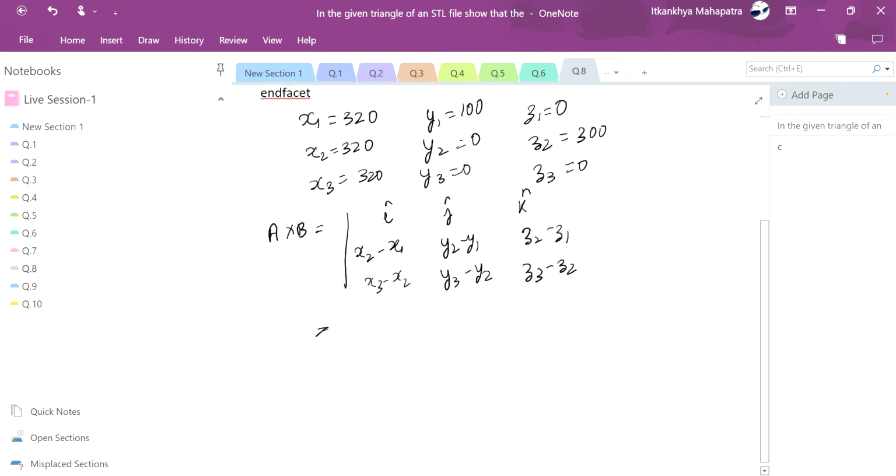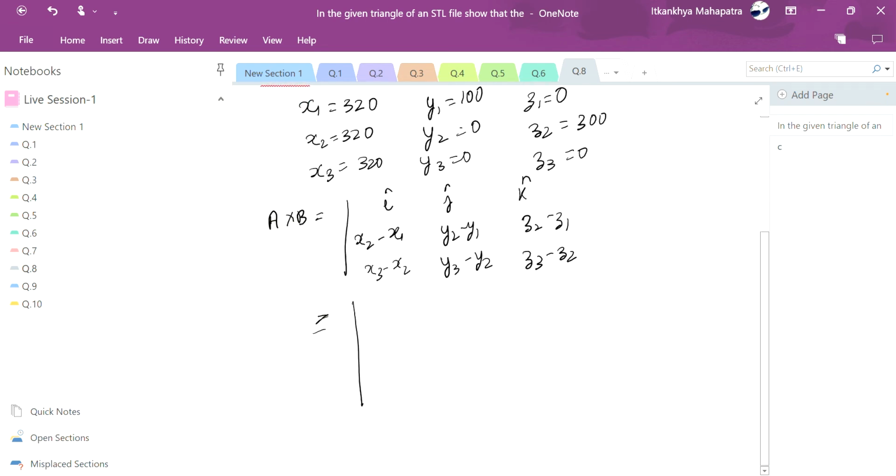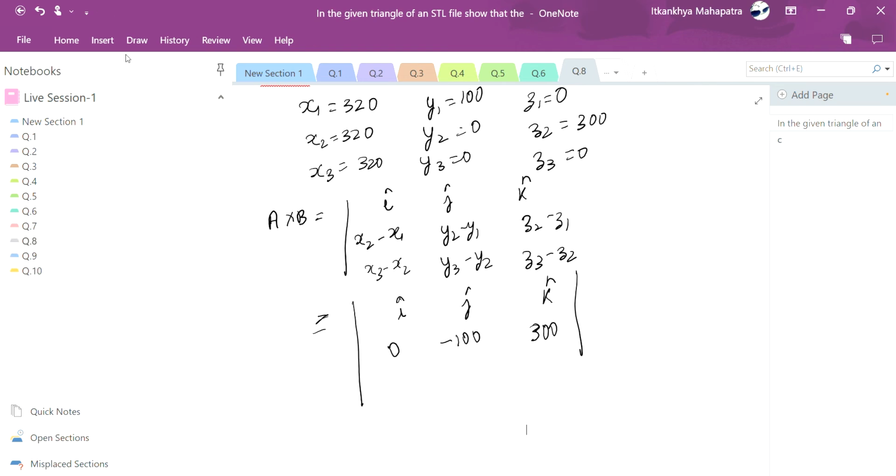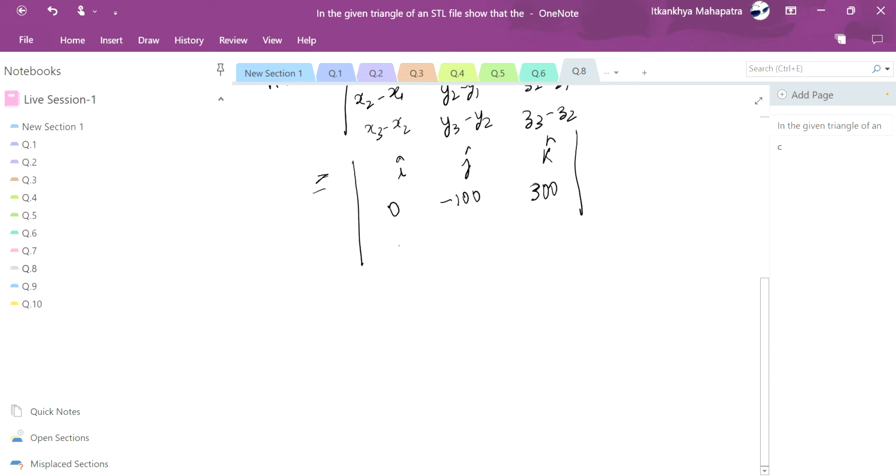So, putting the values in the formula, we get I cap, J cap, K cap, 0 minus 100, and this will come as 300. This is 0 minus 300.